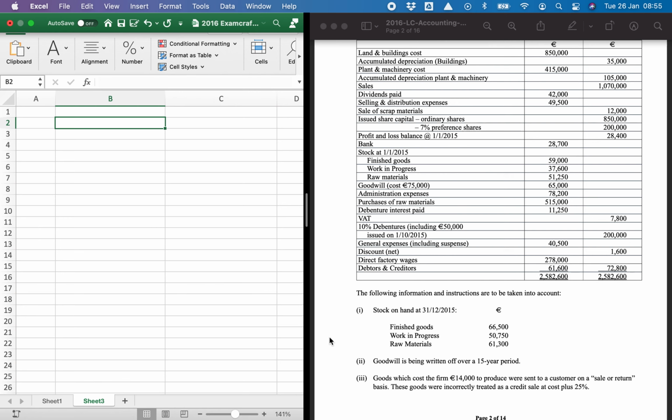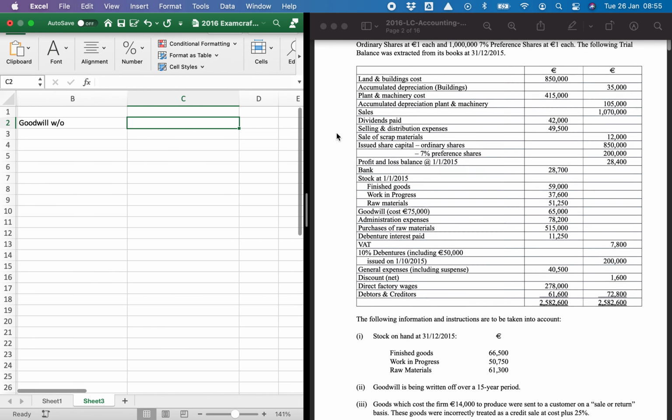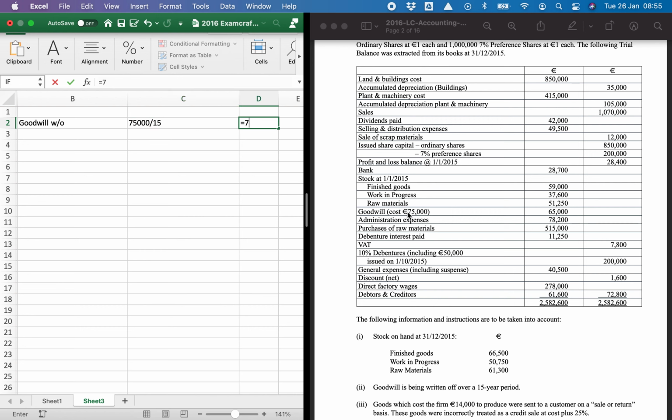Number two, goodwill has been written off over a 15-year period. So we obviously write off from cost. If we go up and look, goodwill starts off at a cost of 75,000. We're going to divide that by 15, and that'll give you 5,000.